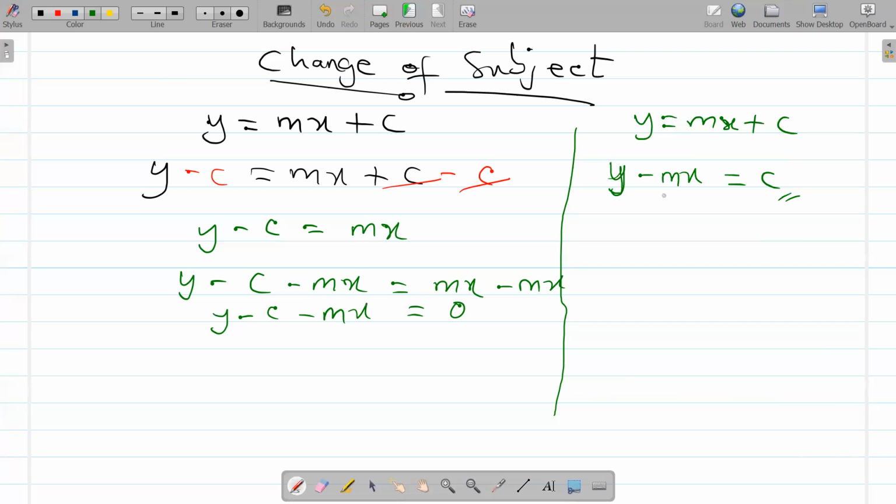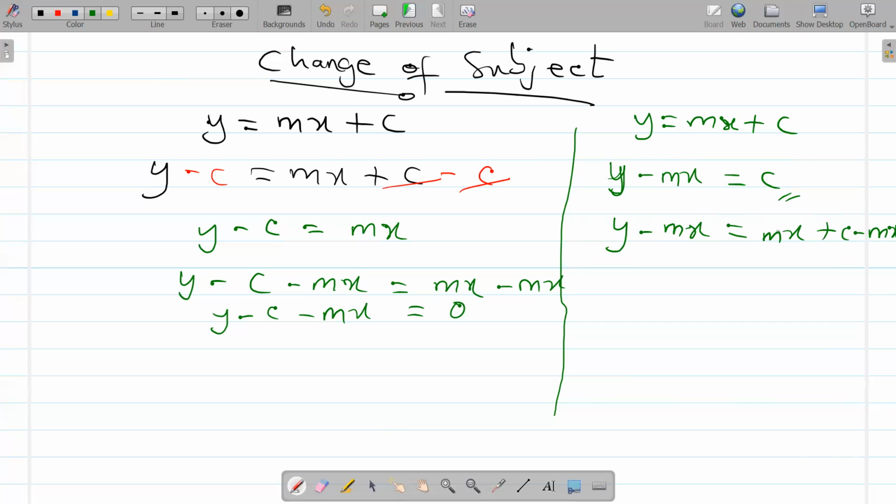So if you are applying your principle, then you have this. So y, we are subtracting the mx from both sides. So we have y minus mx is equal to mx plus c minus mx.